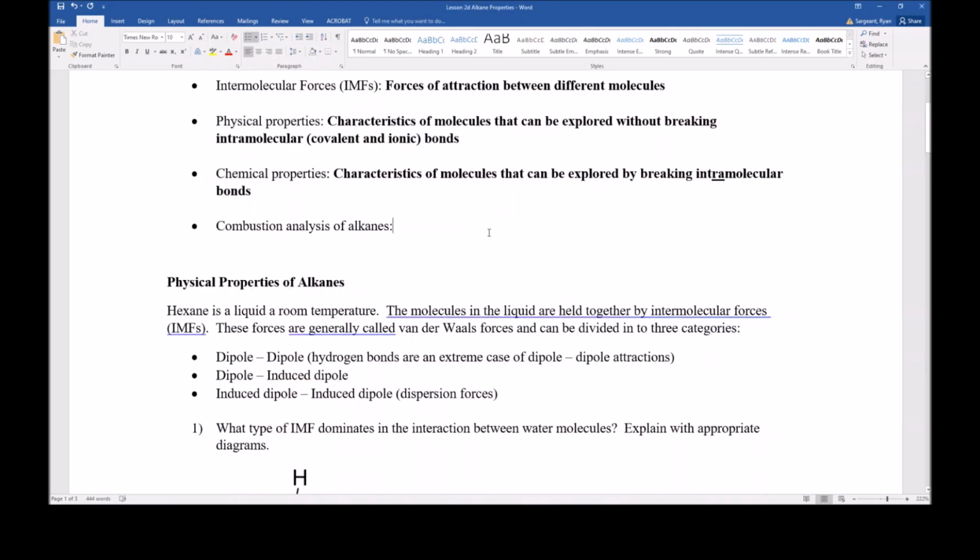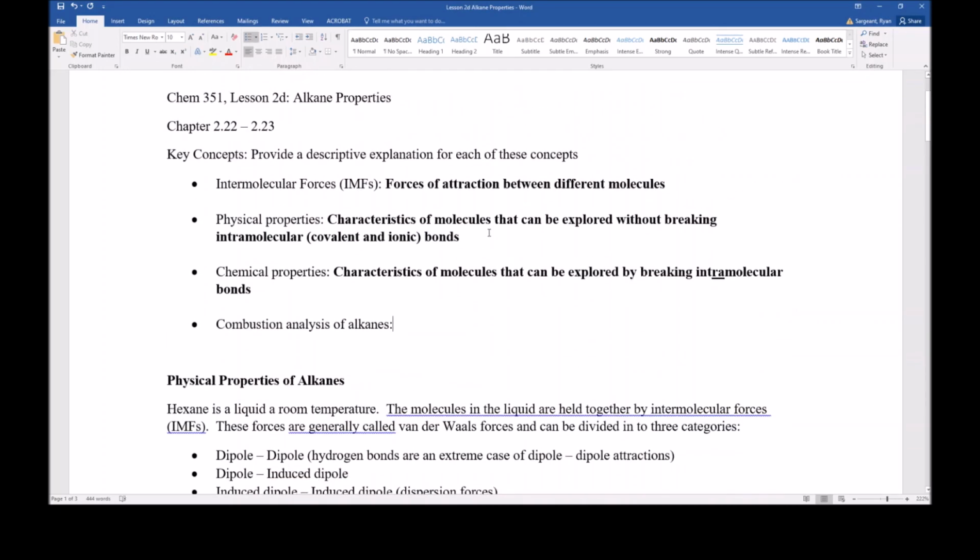So now we're ready to fill in the last of our definitions, the combustion analysis of alkanes, and this allows us to determine stability of constitutional isomers, actually of just isomers in general. There's more types of isomers that we'll talk about later on this semester, and we'll continue to come back to this concept of combustion analysis because it is an easy way to order isomers.